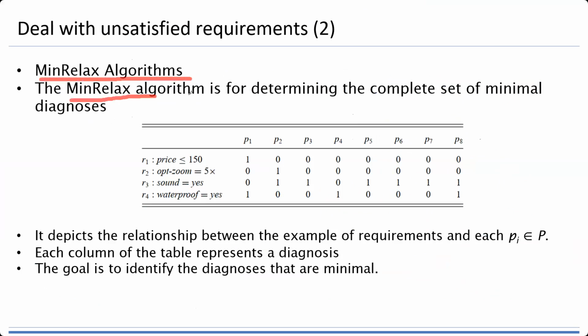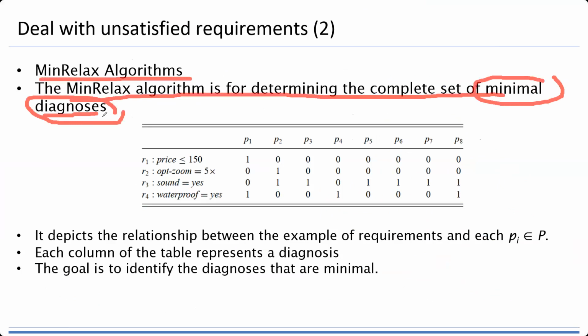The min-relax algorithm is for determining the complete set of minimal diagnoses. Minimal diagnosis means we need to find the minimum requirement that can give a result to the users.